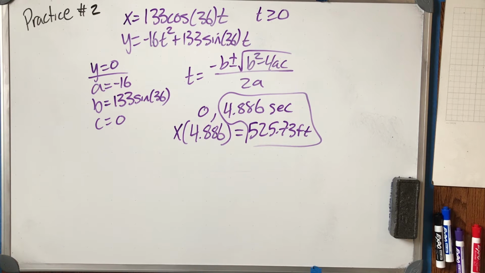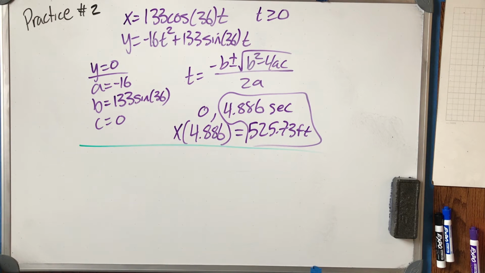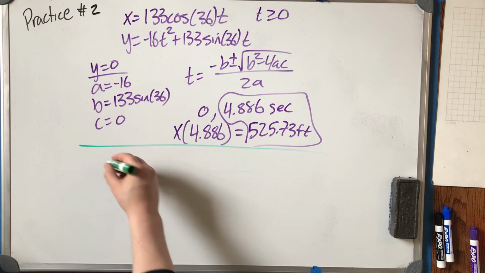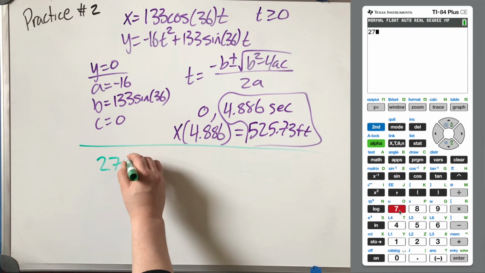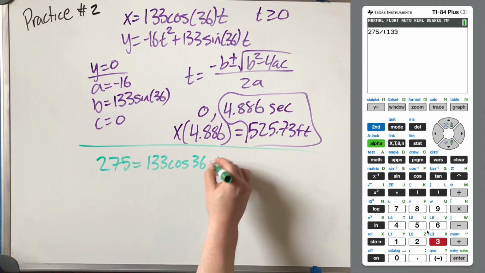The second part asks whether it is going to clear a tree that is 275 feet away from Justin and is 9 feet high. This is essentially a collision style question, so I'm going to set the x values equal to each other. So 275 equals 133 cosine 36 t.